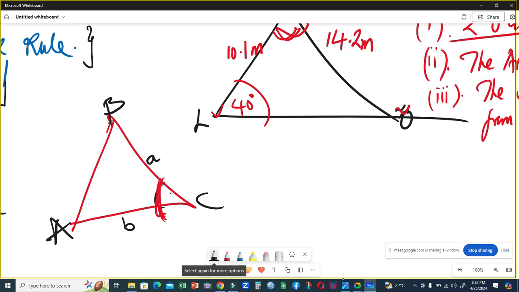The special name is called the included angle.